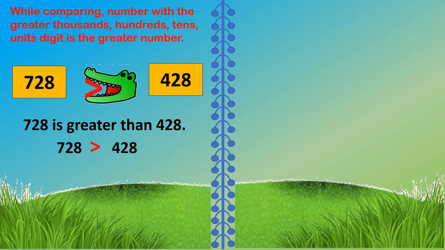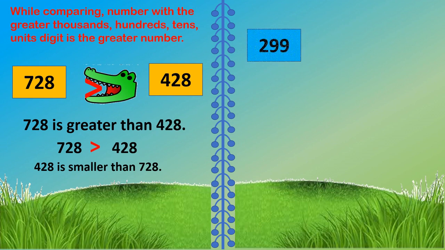And if we read it the other way, we read it as 428 is smaller than 728. The next set of numbers are 299 and 500. Yes, children, 500 is a bigger number.